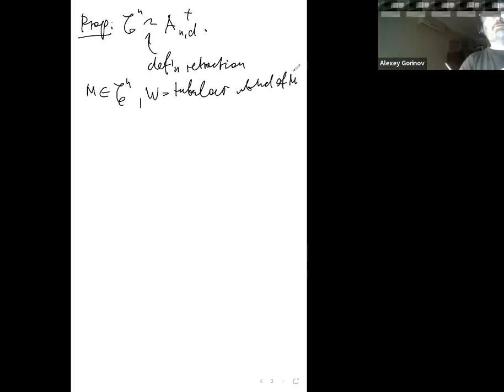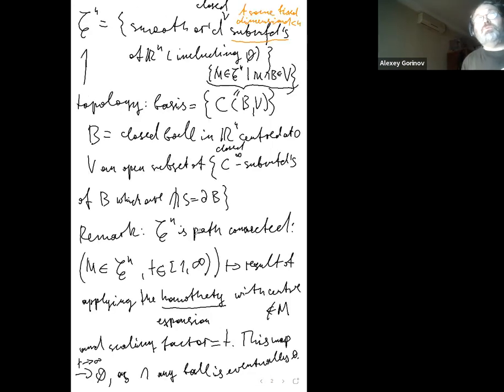Well, I want to construct a deformation retraction, and basically the idea is the same as the one we've just seen when we observed that CN is path connected.